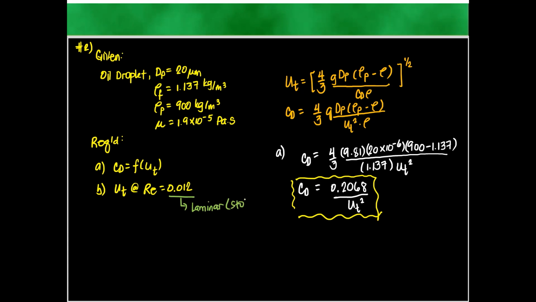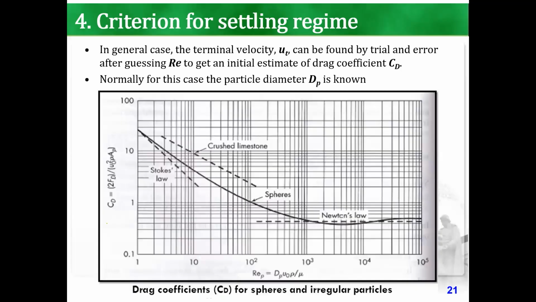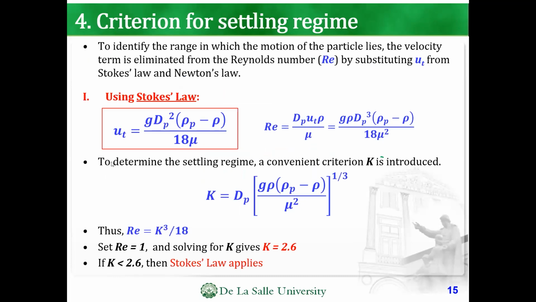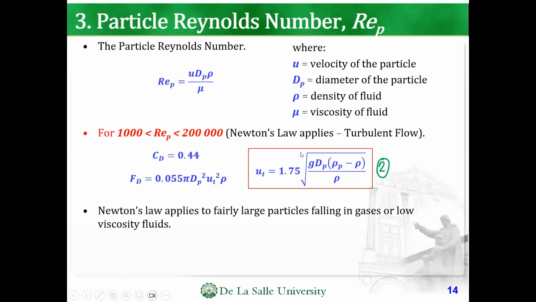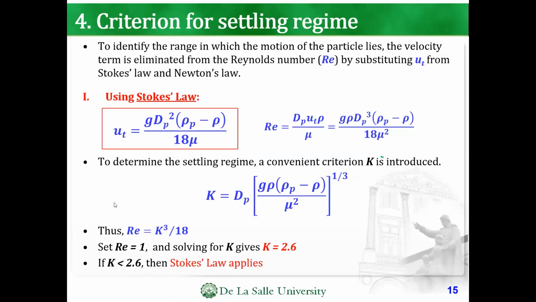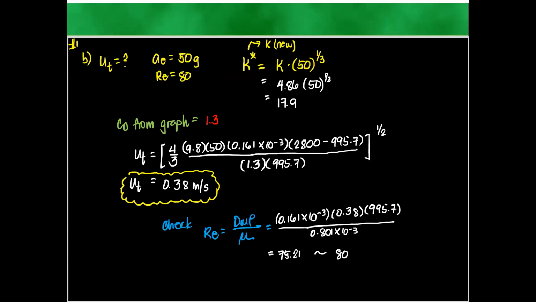So Stokes' law applies. So if it's Stokes' law, let's go back to the formulas. So UT would take this form. Actually, it's the first equation, not that number one. So let's write that.